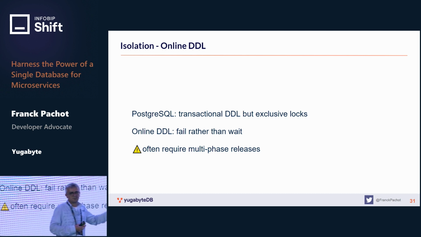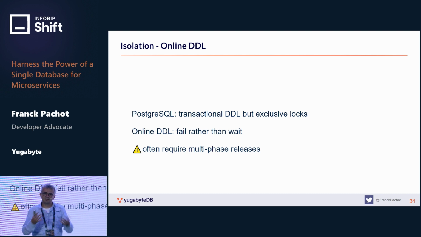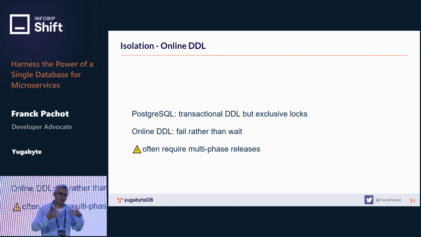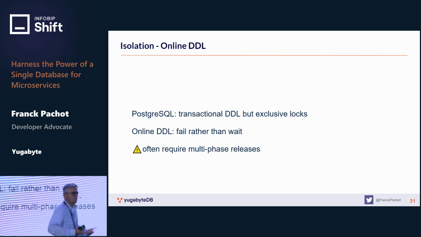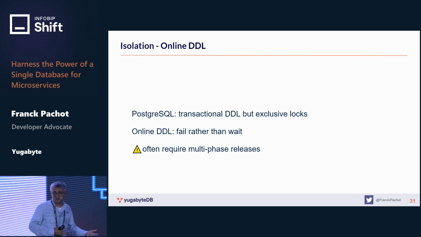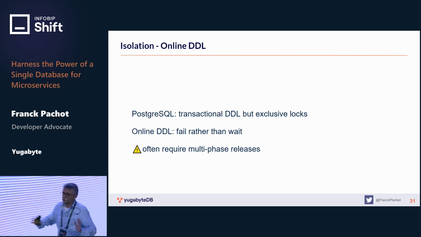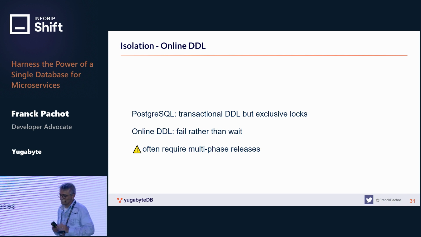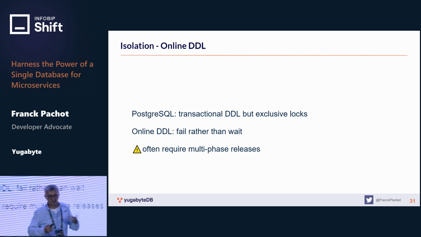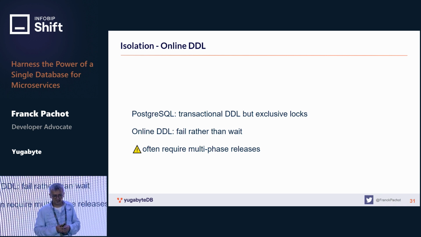There are some databases with online DDL where you do not block anything else. So maybe you can release a new application that needs a new column without impacting other services. I'm not saying it's magic and you can put all your application on the same schema, but you have more possibilities there because of those distributed databases.